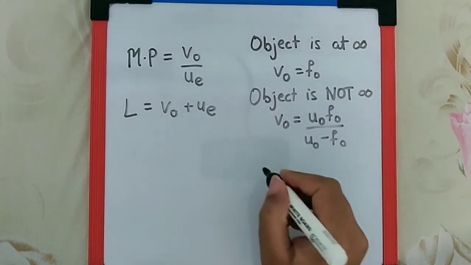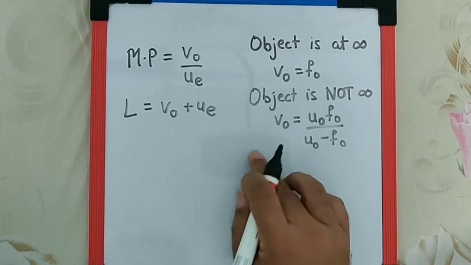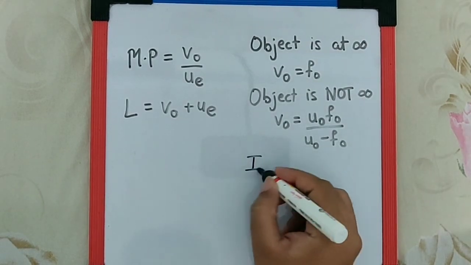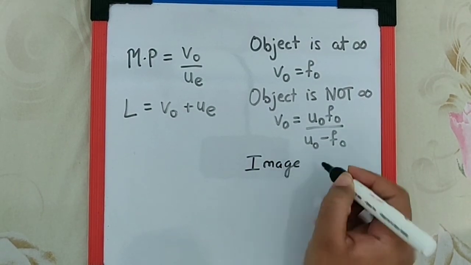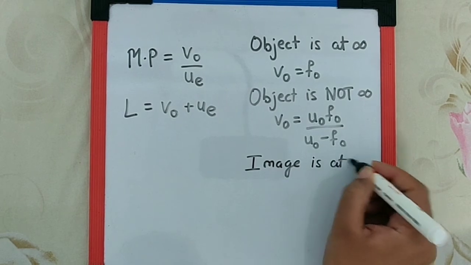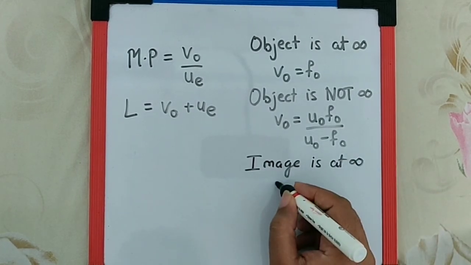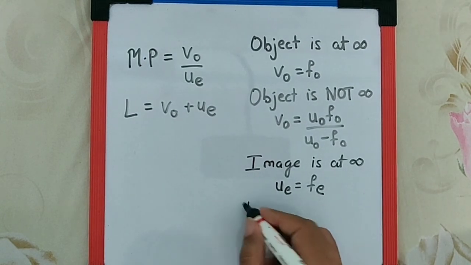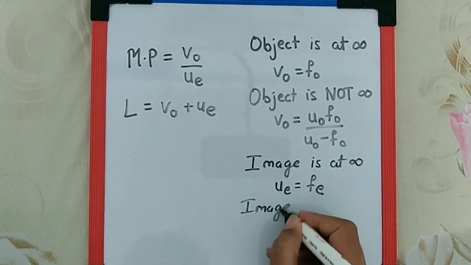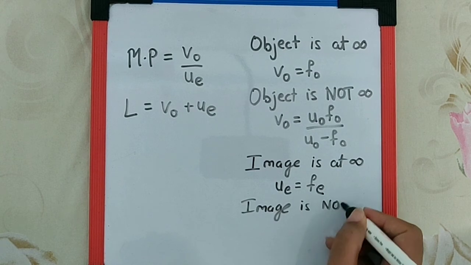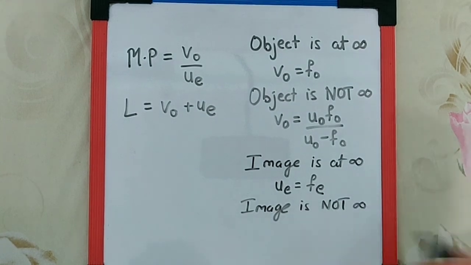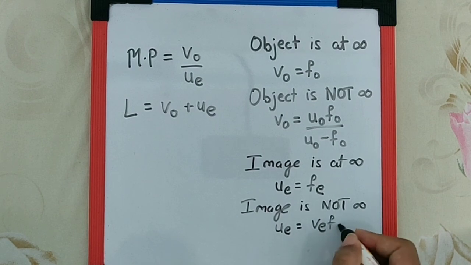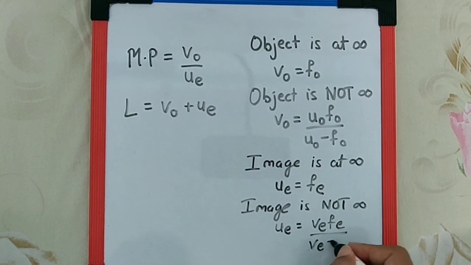At the same time, for image also we got the two cases, something like, first image is at infinity. In that case we got UE to be equal to FE, and the second case where the image is not at infinity, and in that case we got UE as VEFE upon VE plus FE.